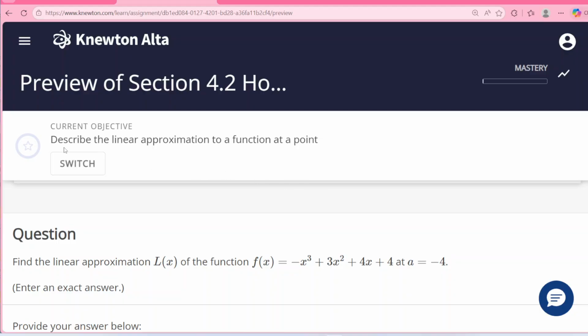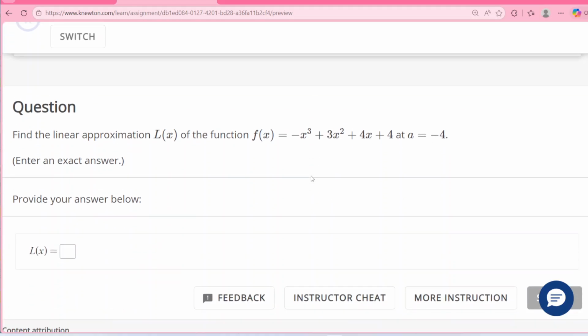Okay, so here's: describe the linear approximation to a function at a point. So you see this, remember this L of x? That's just that equation for a tangent line, y equals f at a plus f prime at a times the quantity x minus a, the stuff I wrote up earlier.